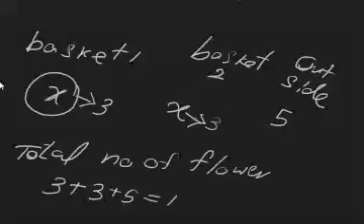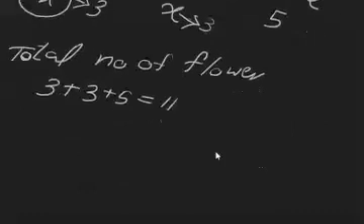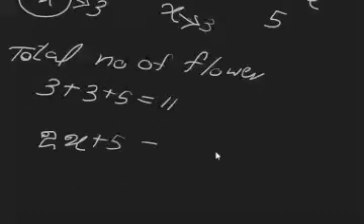That means in one instance only, X can take any value. Suppose there are 3 flowers there. Then I can write that relationship: this algebraic expression equals 11. So this is the equation. Here this side algebraic expression, other side number.